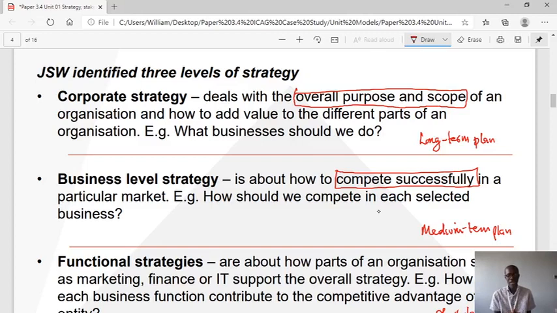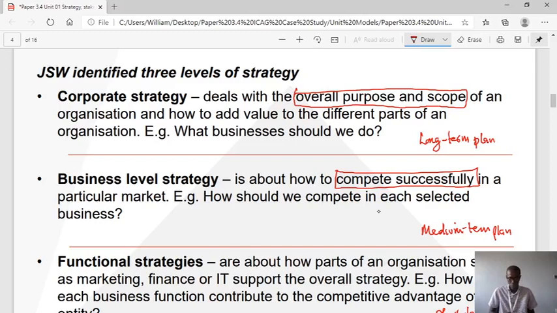Now, having understood how we will compete in the particular market, we then go on to our functional strategies, or sometimes we call it the operational strategies. And it is about how parts of an organization, such as the marketing, how does the finance and administration, how does the IT support the overall strategy.